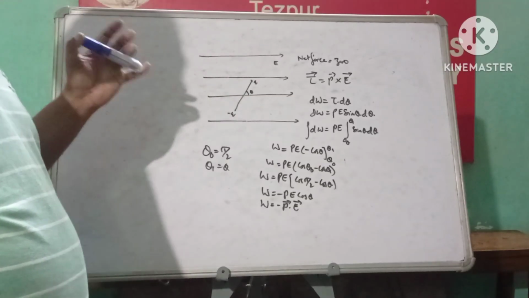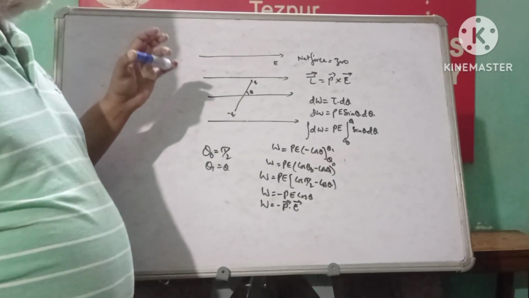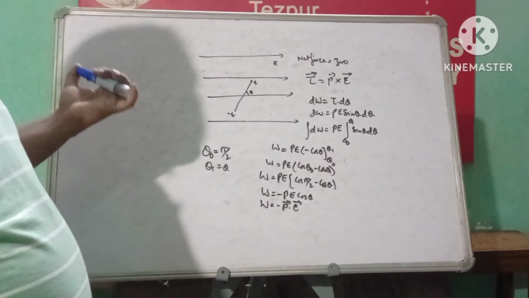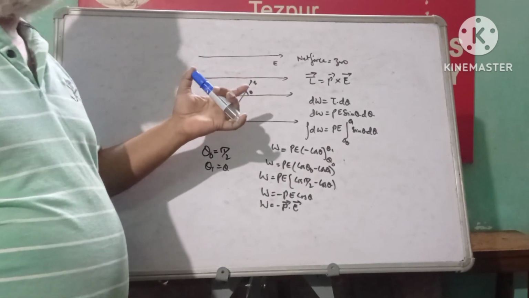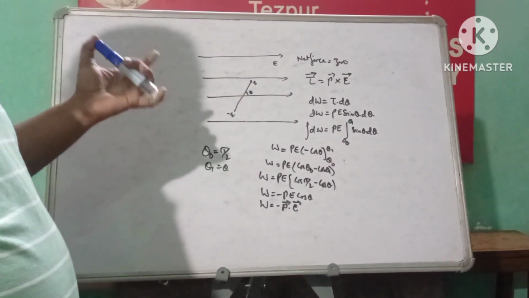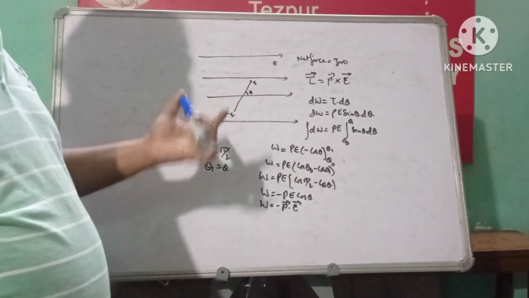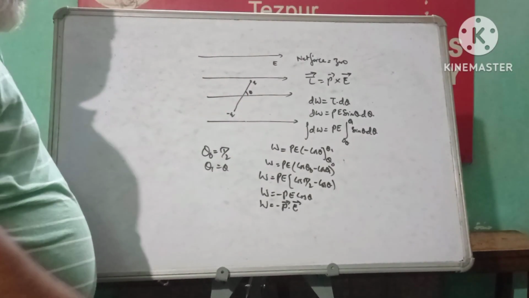Only the external electric field will rotate it either parallel to the electric field or anti-parallel to the electric field. So the electric field is creating a turn, and when it is creating a turn, there is work done. In this way you can derive the formula.